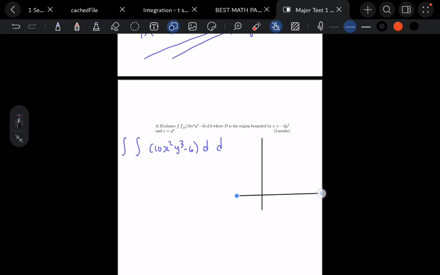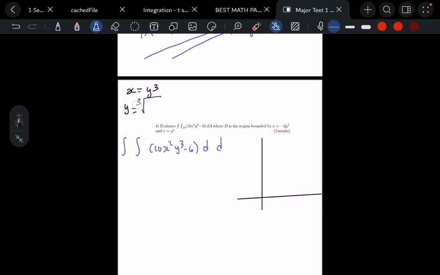How will you draw the region? If you say x is equal to y cubed, y is the same thing as the cube root of x.